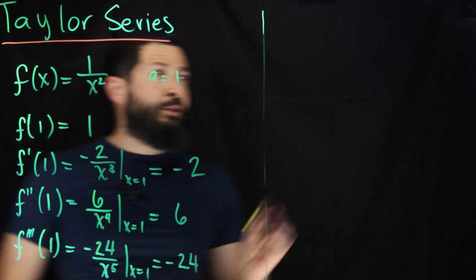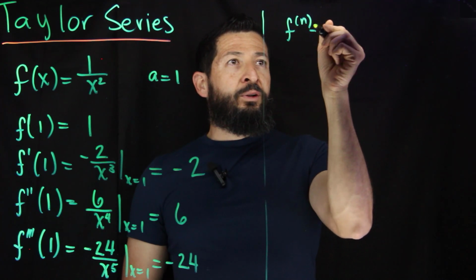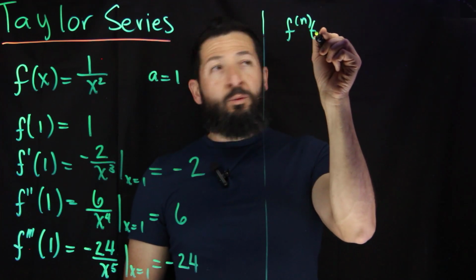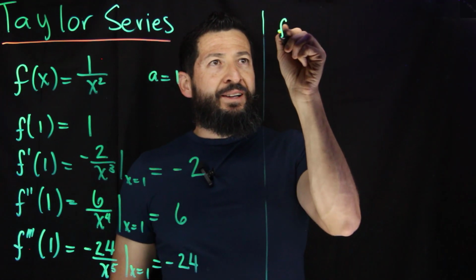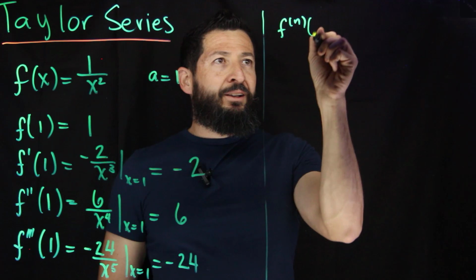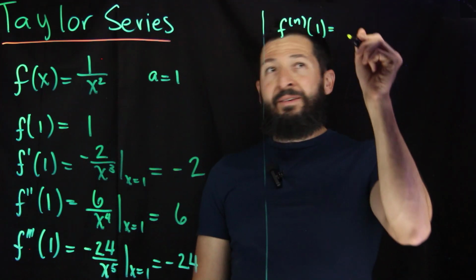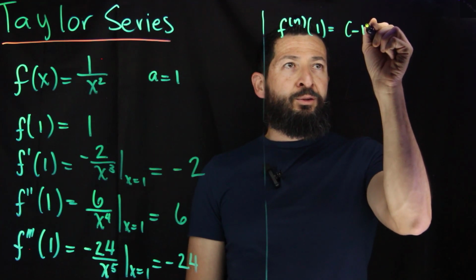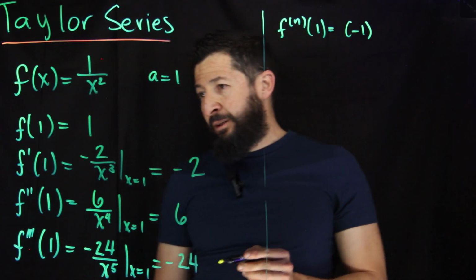Well, first we notice that there is an alternating sign. So f^(n) at 1 is going to have an alternating term, that's for sure. So negative 1 to the something.